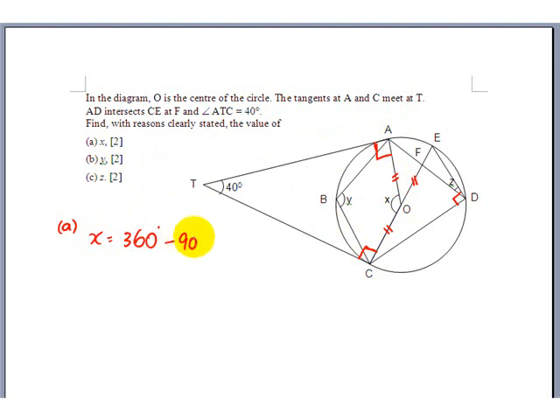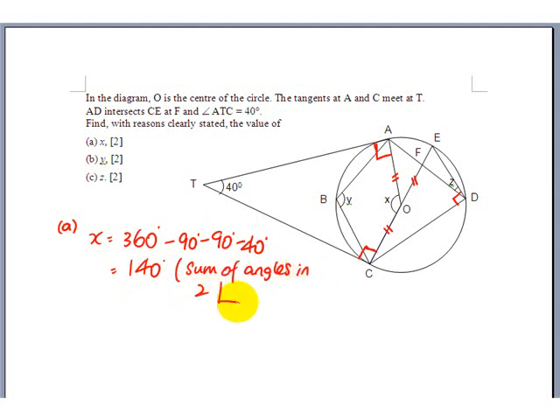Minus away 90, minus away 90, and minus 40, that will give us 140. Alright, and the reason I'll give is sum of angles in two right angle triangles.